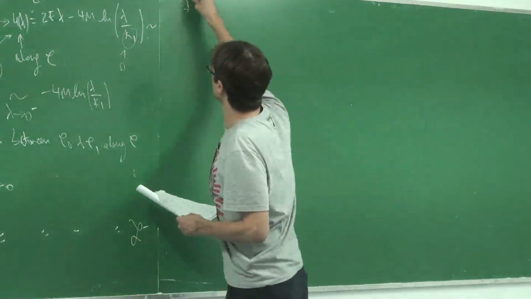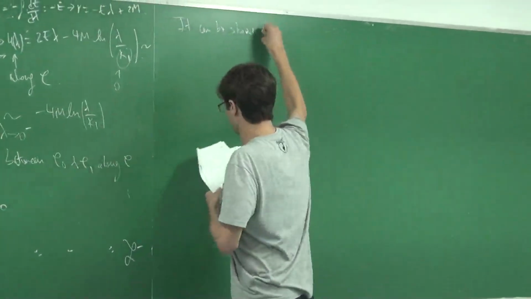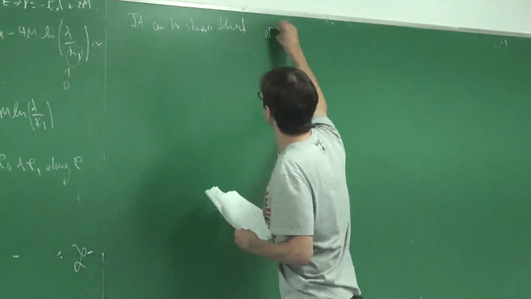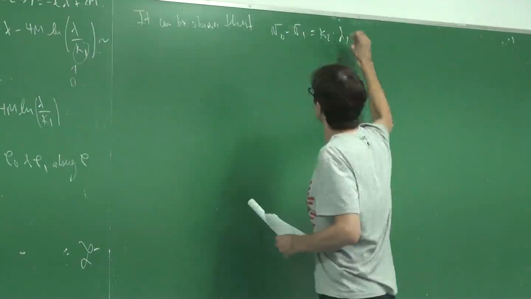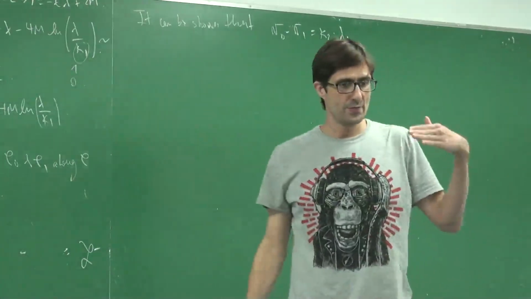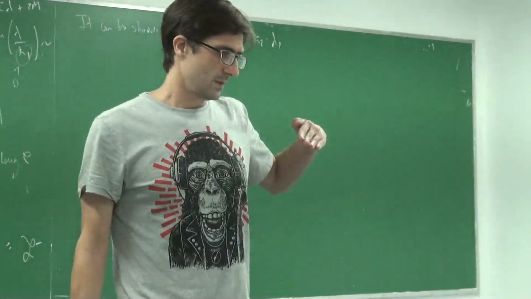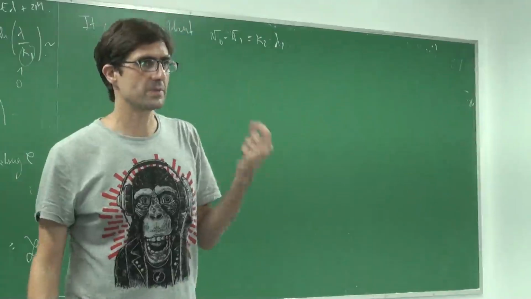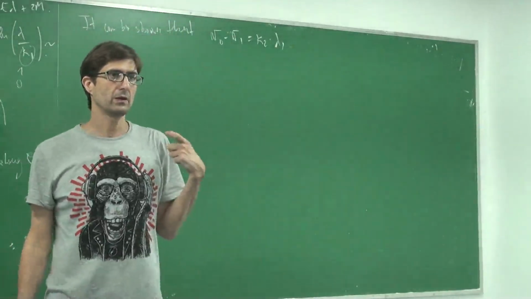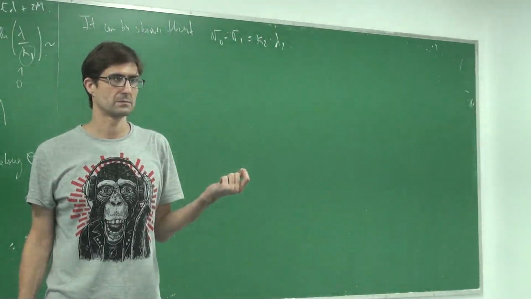But it can be shown that the relationship between the affine parameter separation can only be linear between here and here.